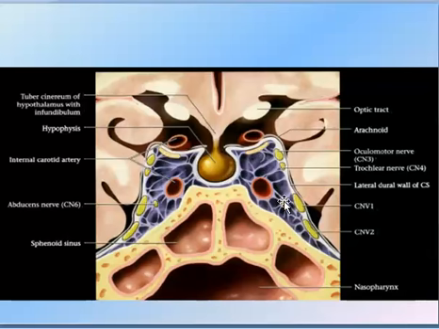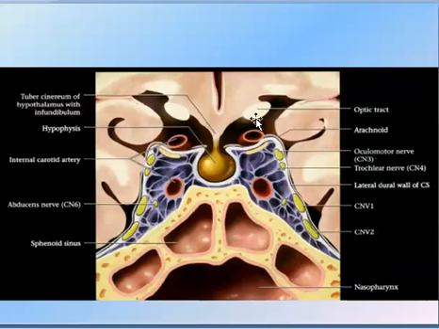Here is the cavernous sinus, and we can see the carotid double outline because it is curved, and this is called the carotid siphon. Of course, this area will be the medial end part of the hippocampus and the amygdala or amygdaloid.